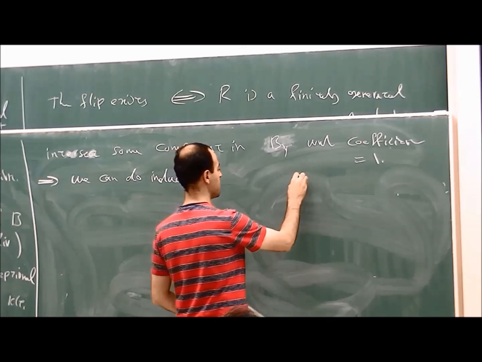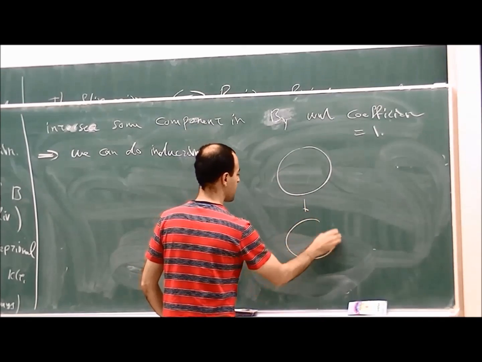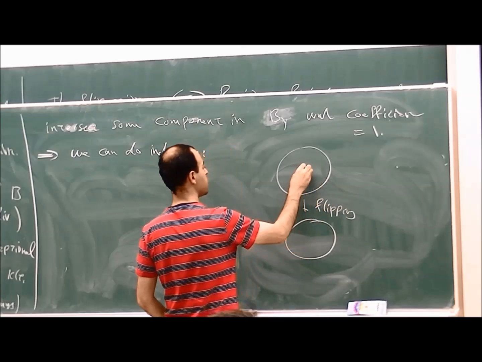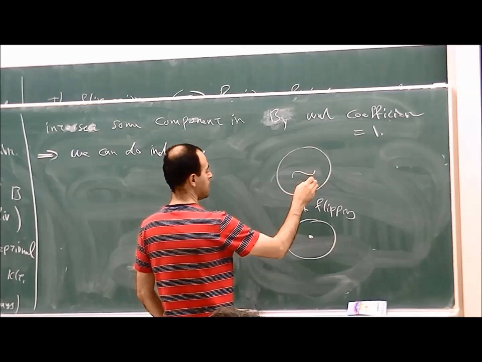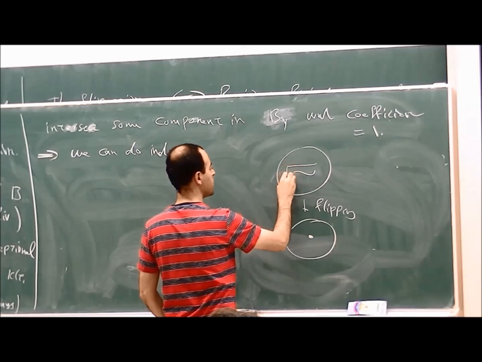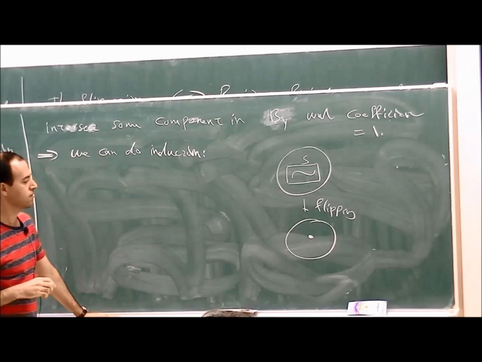So probably the best thing is if I just draw a picture. So suppose that we have a flipping of some situation, and then you have, let's say, one curve contracted to a point. And now in this program, there will always be some component, let's say S, which contains this curve.